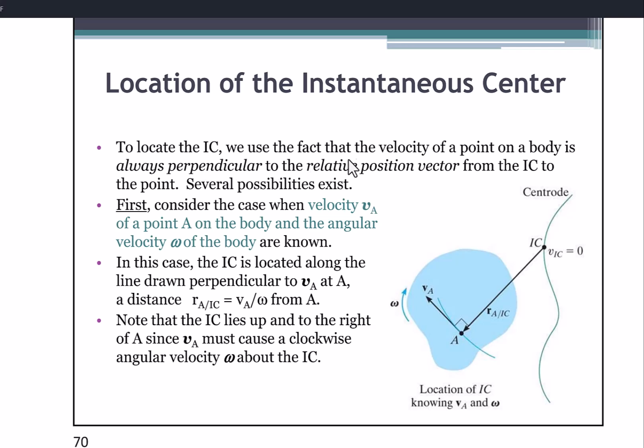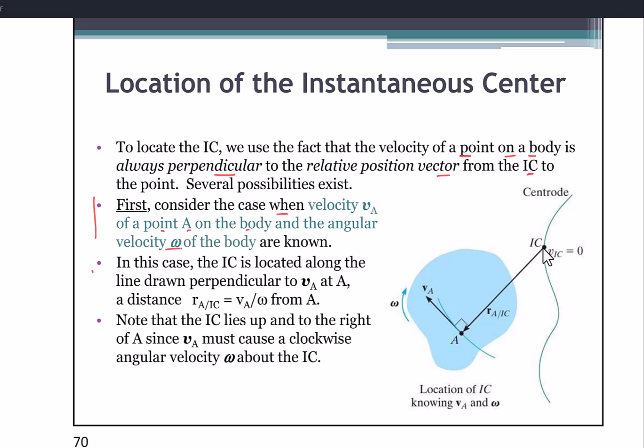To locate it, we use the fact that the velocity at a point in the body is always perpendicular to the relative position vector from the instantaneous center of zero velocity to that point. The possibilities we listed, this is one of them: the point lies on the line where the velocity of this point A on the body and the angular velocity of the body are known.